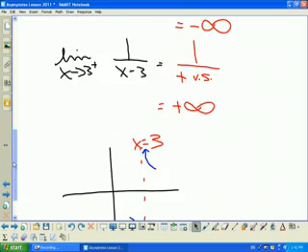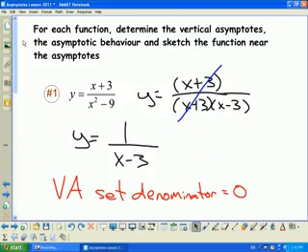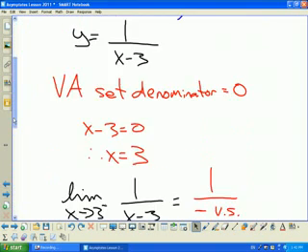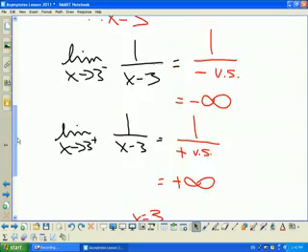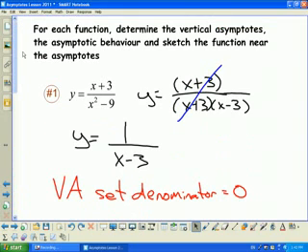Okay? And I'm just going to go back up to the words here for a second. Determine the vertical asymptotes, which we did, x equals 3. The asymptotic behavior. We did that with the one-sided limits. Sketch the function near the asymptotes. So in this example, we've done those 3 things. Okay? Great. Yes? If we read the question, it clearly states vertical asymptotes.